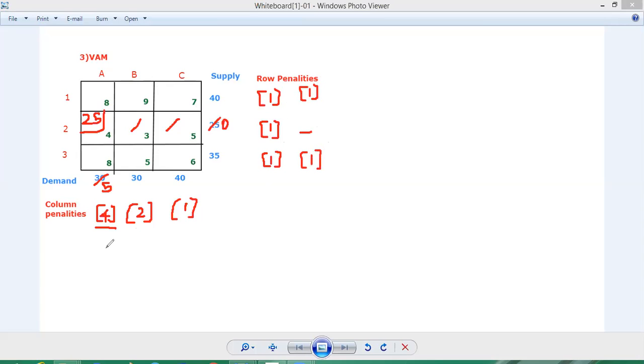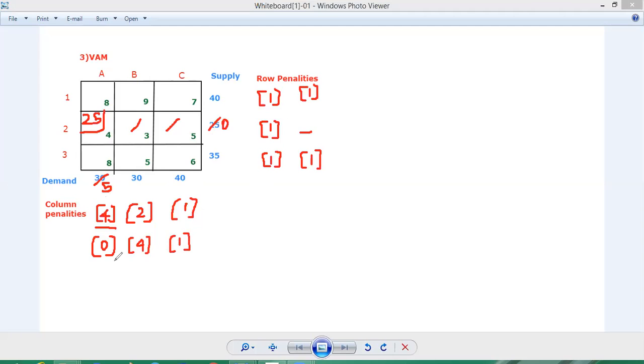And in the first column, the column penalty is 8 minus 8, it is 0. Now again in the second column, 9 minus 5, you will get a value 4. Now in the third column, there is a penalty 1.